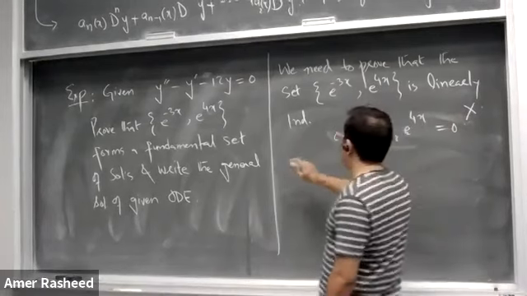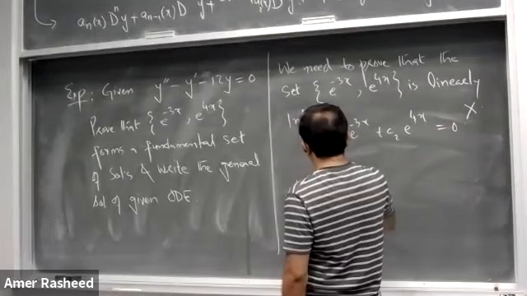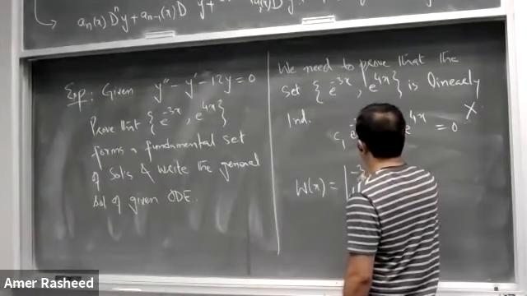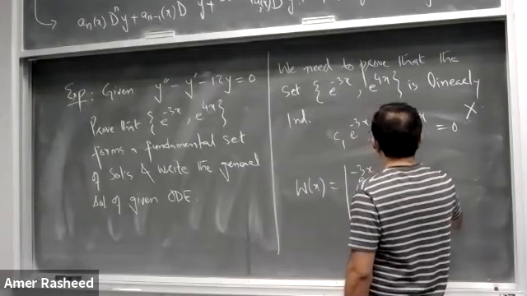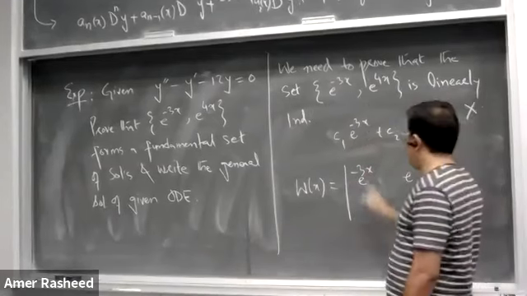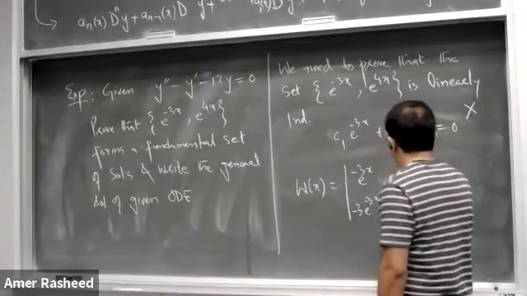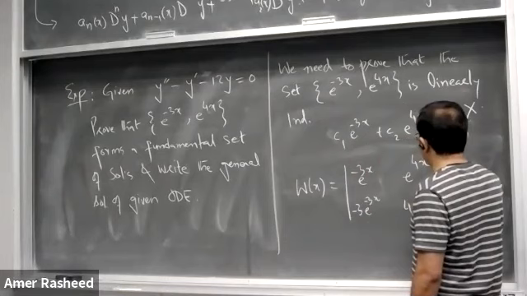We try to find the Wronskian. The Wronskian of x is what? It would be e raised to the power negative 3x, e raised to the power 4x, and their derivatives: negative 3 e raised to the power negative 3x, and 4 e raised to the power 4x.